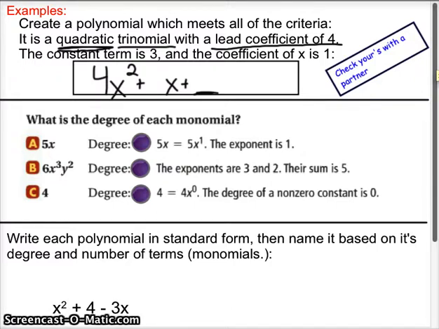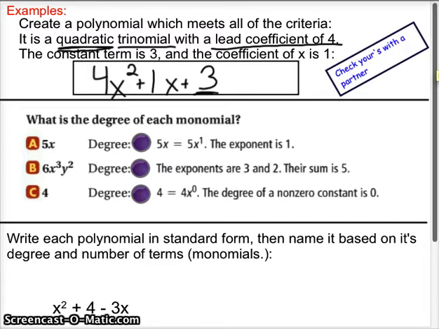The constant term is 3, constant being just the normal number. And now the coefficient of x is 1, so we can put a 1 there. So that's how, following step by step, phrase by phrase, you can actually construct that polynomial: 4x squared plus 1x plus 3.